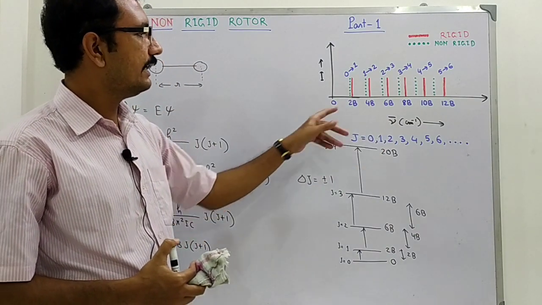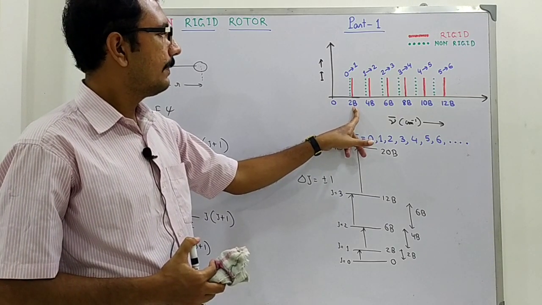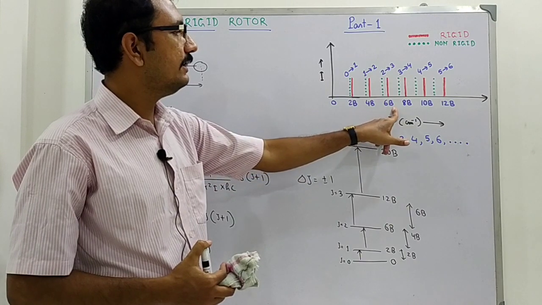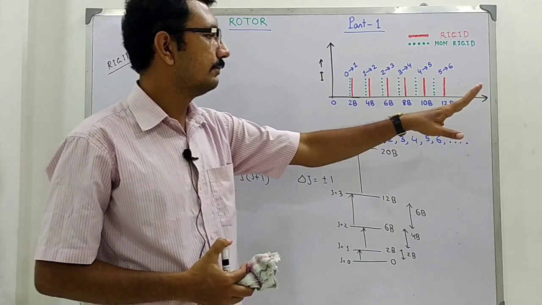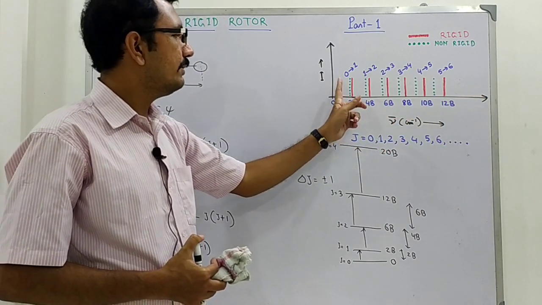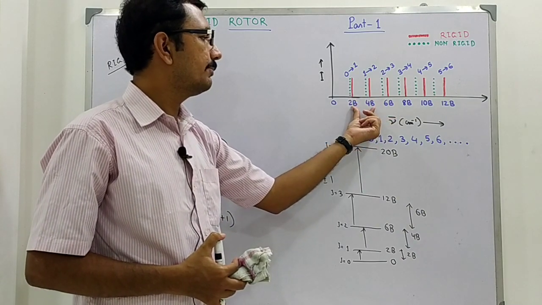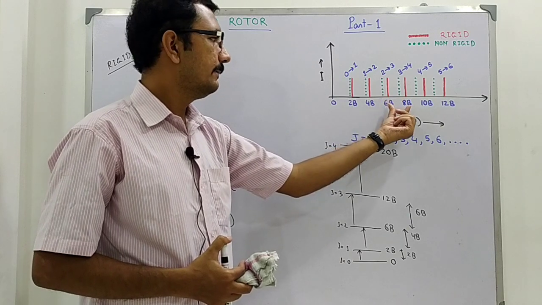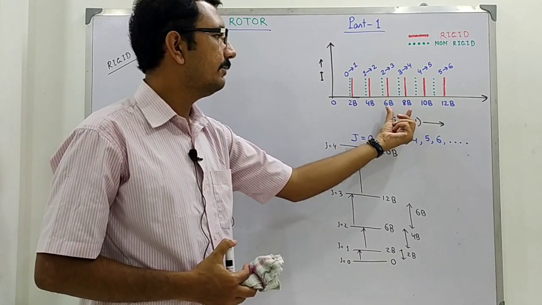So you will get the first line at 2B, second line at 4B, third line at 6B, 8B, 10B, and so on. So between the first line and second line there will be a gap of 2B. Between the second and third line there will be a gap of 2B. Between the third and fourth line there will be a gap of 2B.